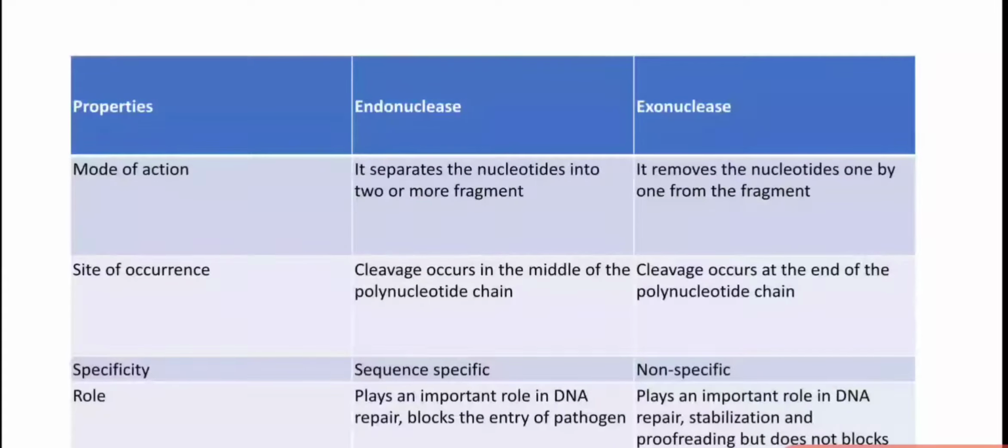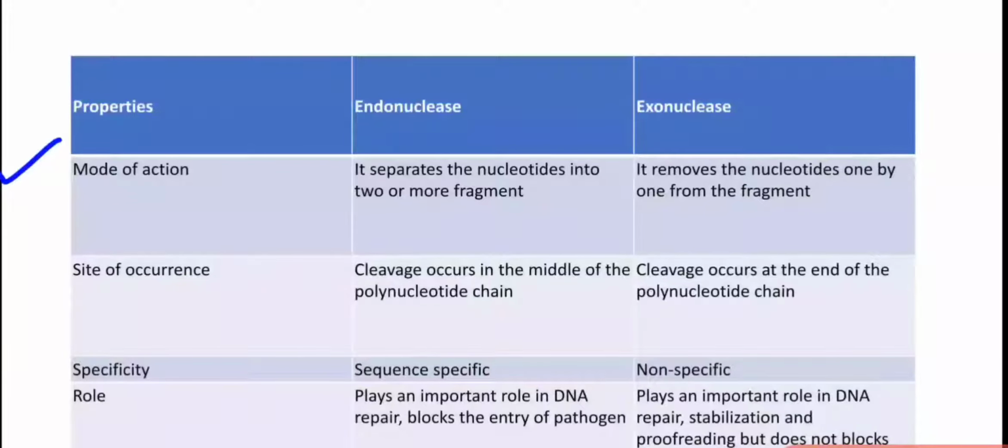This table is depicting the difference between exonucleases and endonucleases on the basis of their mode of action. Endonucleases separate nucleotides into two or more fragments. They cut the DNA from the center position but not from the ends.